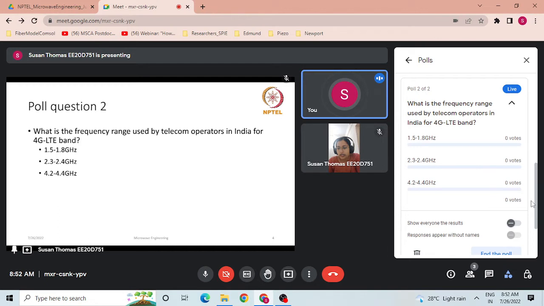I have given you three options: 1.5 to 1.8 gigahertz, 2.3 to 2.4 gigahertz, or 4.2 to 4.4 gigahertz.